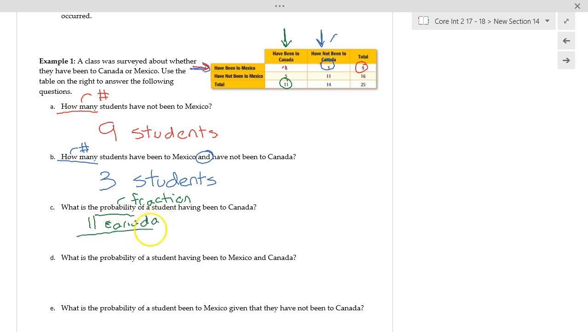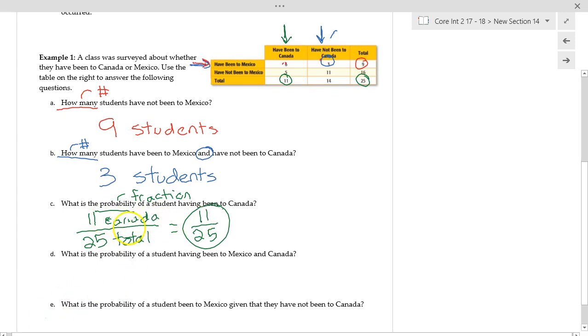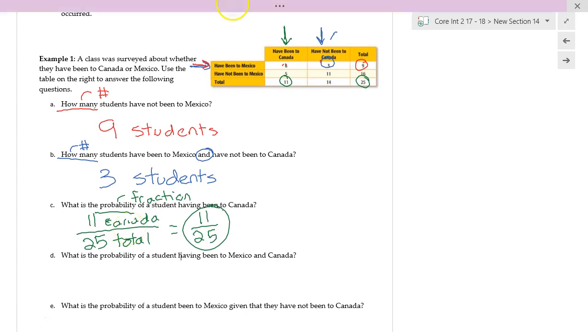So 11 have been to Canada, over how many total? Well, my total is 25. So over 25 total students were asked in this survey. So my probability is 11 over 25. As you're writing your answer, you can just put 11 over 25. I just like writing this down to let you know where it comes from: 11 from Canada over 25 total.